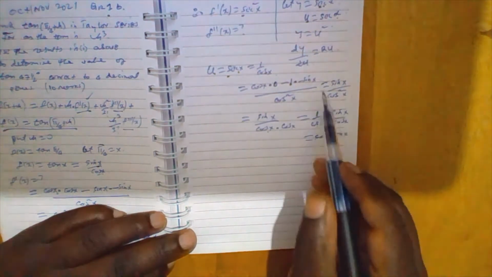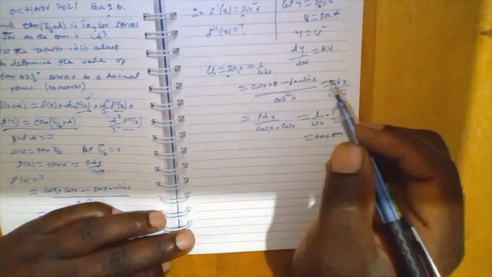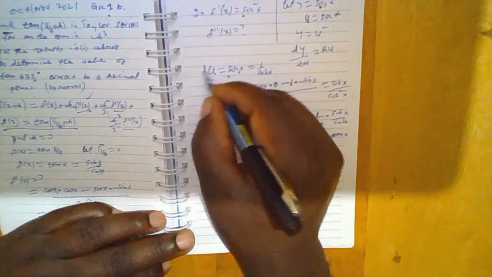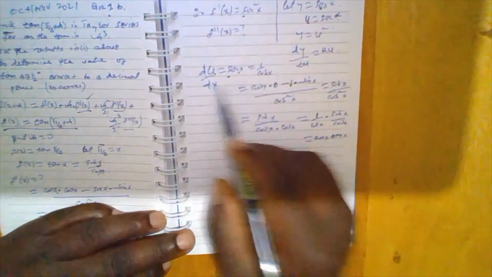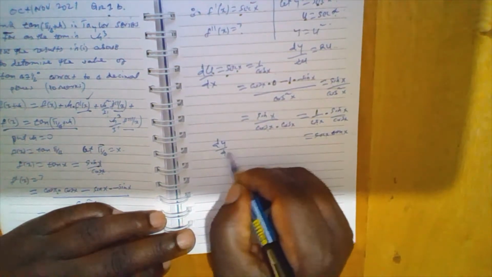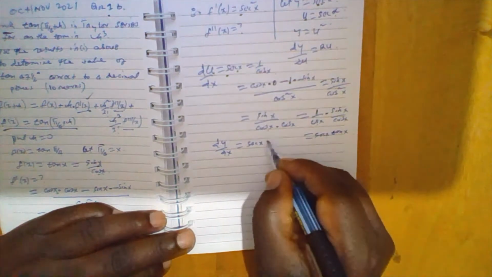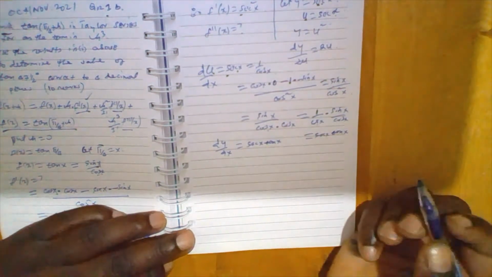So what we are saying here is that we are getting du dx, and du dx equals sec x tan x.